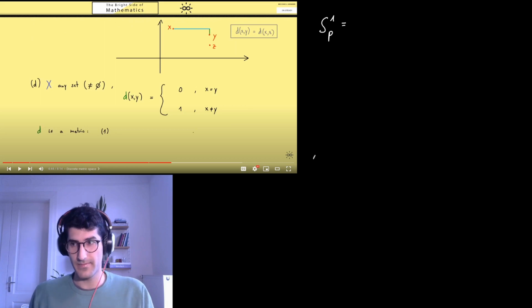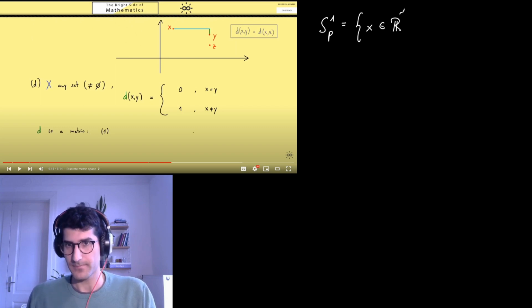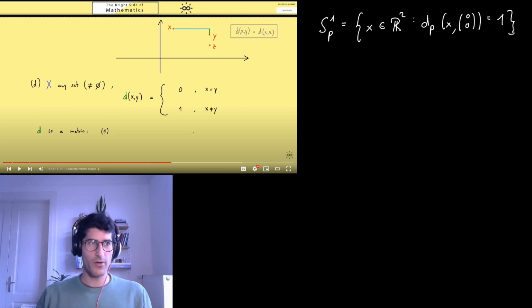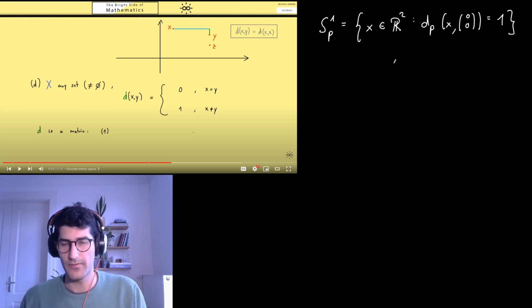I want to denote the metric here below as well. So this now should be the set of all x of R2 with the following property. I want the distance dp of x to the center of my circle to be exactly 1. So everything lying on the boundary of a curve.